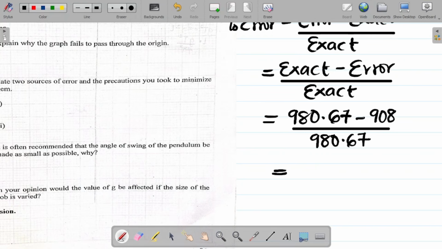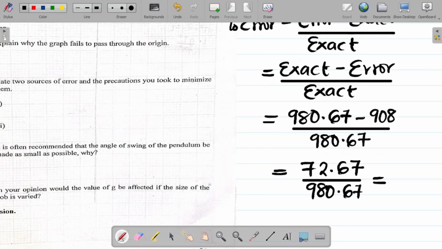This is equal to 980.67 minus 908, that's about 72.67, all over 980.67. That's equal to 72.67 divided by 980.67.